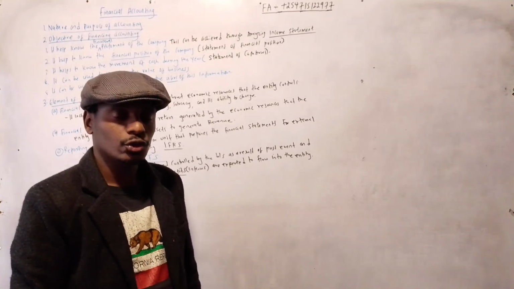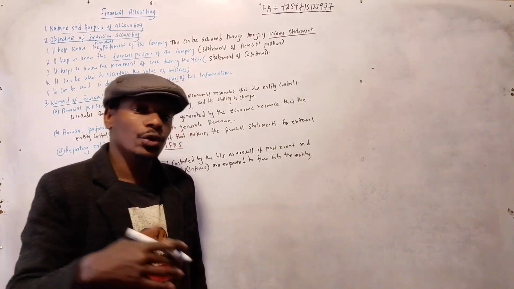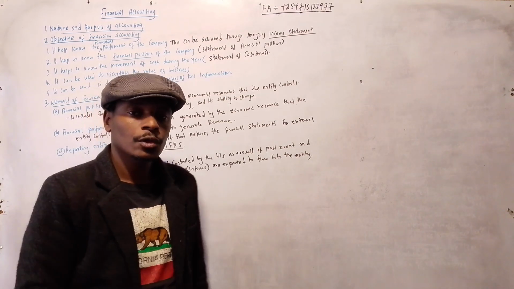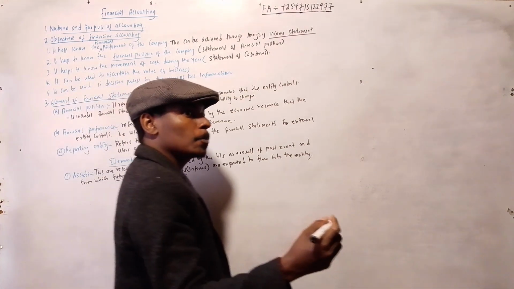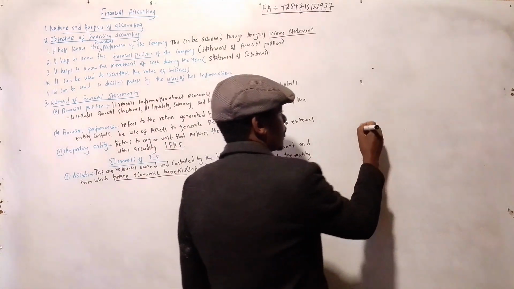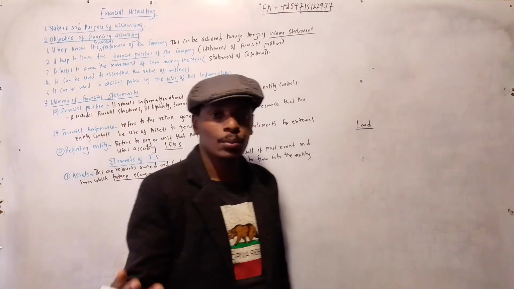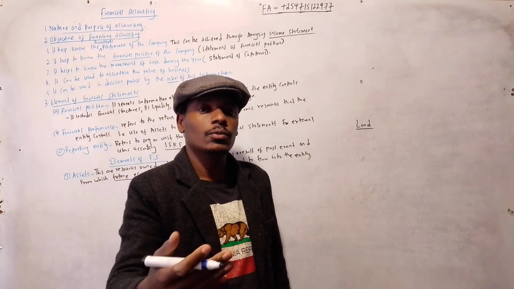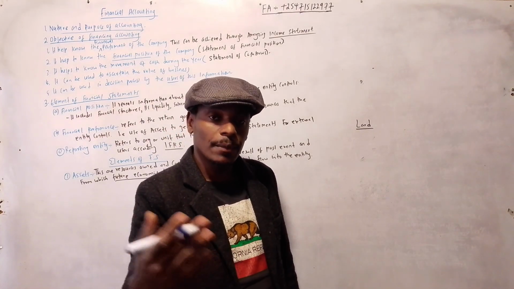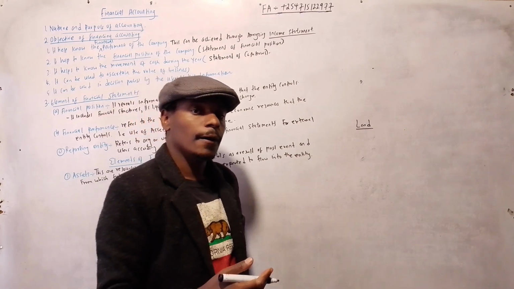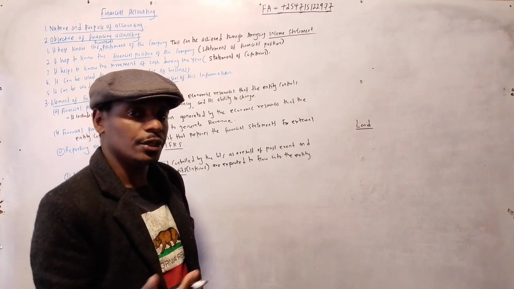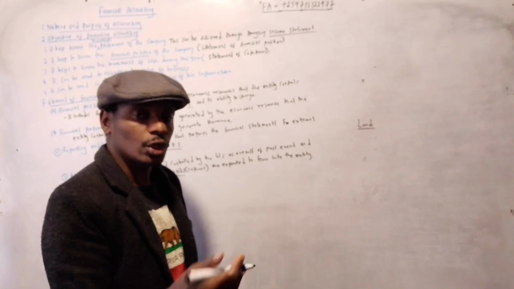If you use an asset today, you generate revenue tomorrow. For example, if we have land, we can use land to plant crops. Then in the future we sell those crops to generate revenue. That future benefit derived from an economic resource is why that resource is called an asset.